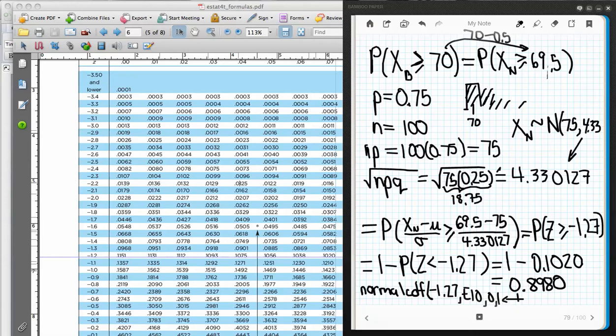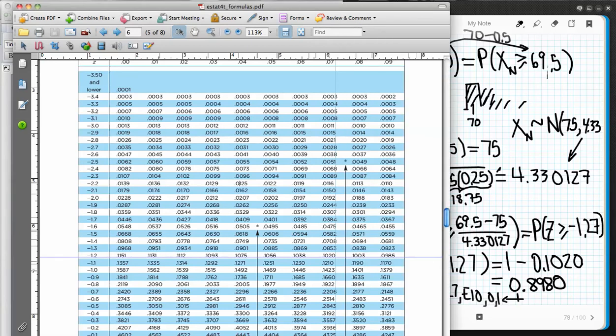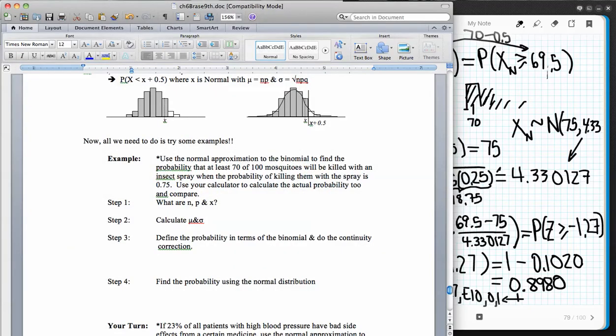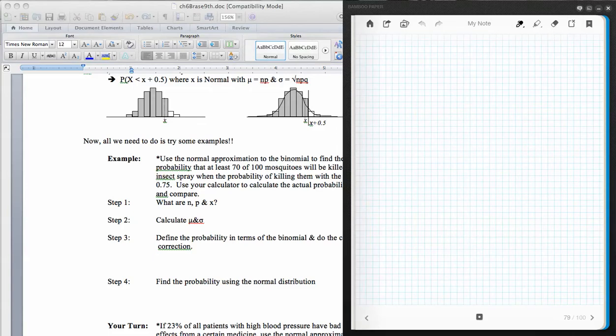So it's the exact same probability no matter what. And so that's our probability of killing 70 or more mosquitoes when we have a spray that usually kills 75%.